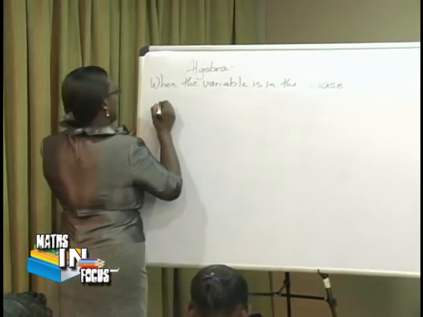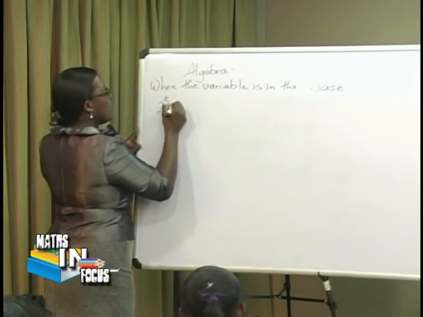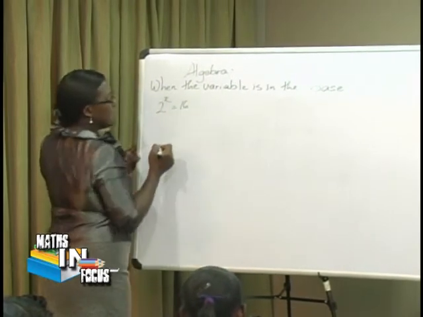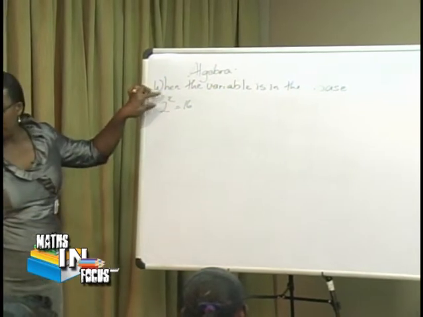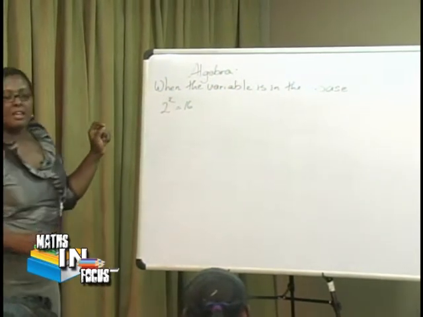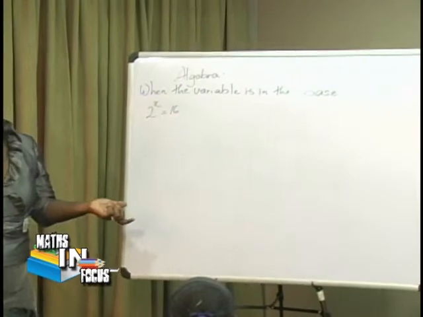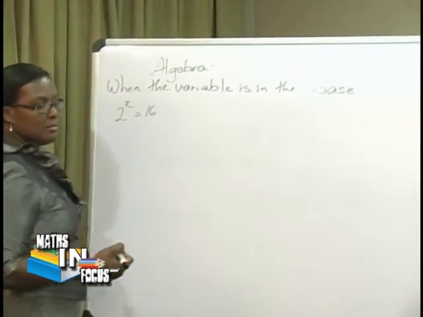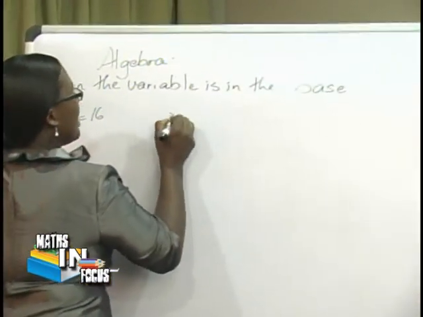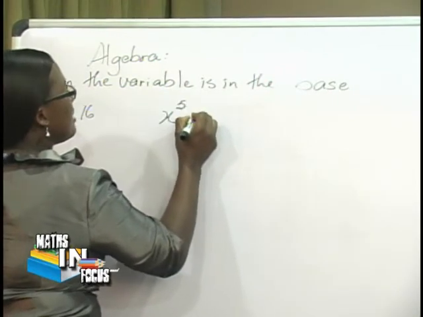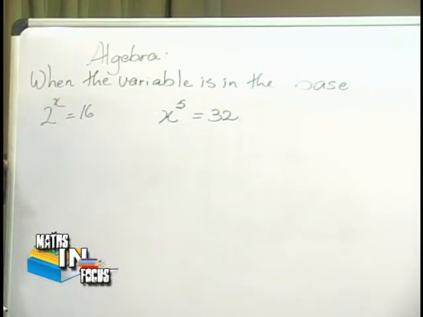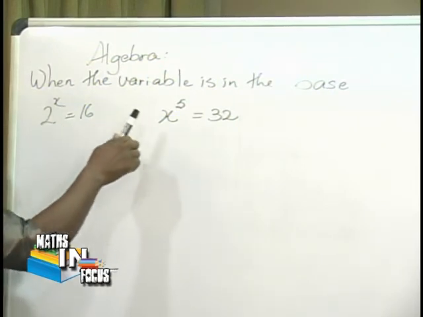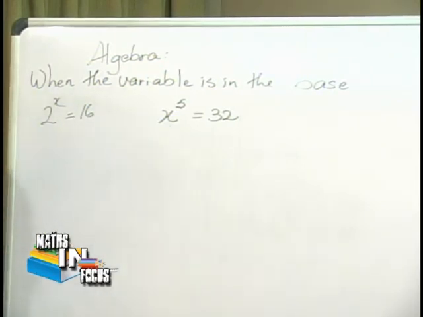So here we had 2 to the x power is equal to 60. Here the variable is in the power. But what about if the variable is not in the power? For example, we have x to the 5th power is equal to 32. So we're taking some number. We don't know the number at the moment.